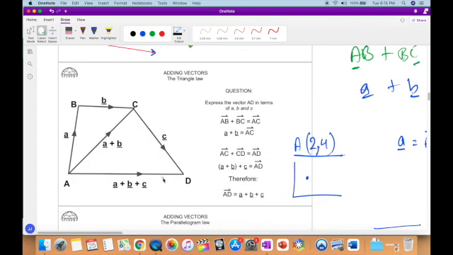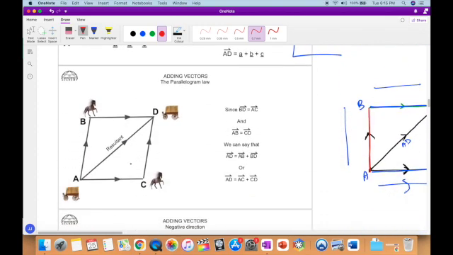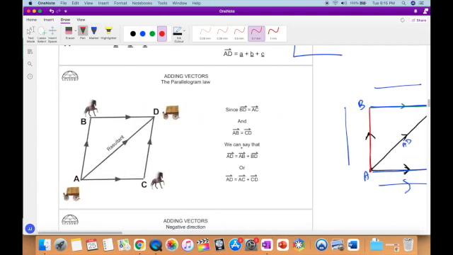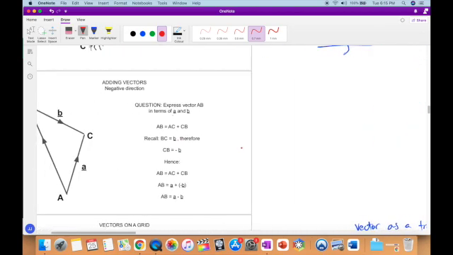And this is one of those questions that was a little bit tough, but we could see that it wasn't really anything special. We just applied our same triangle law, but we just had to do it a whole other way around as well, right? Then we spoke about the parallelogram law, and we talked about the resultant with the horse and carriage and such. And then we spoke about negative vectors.